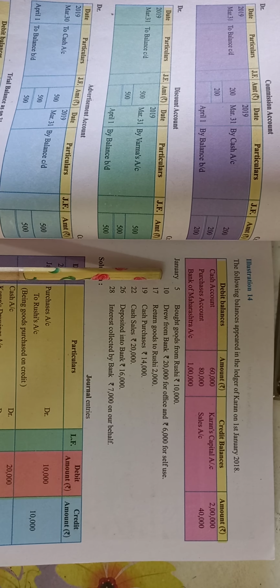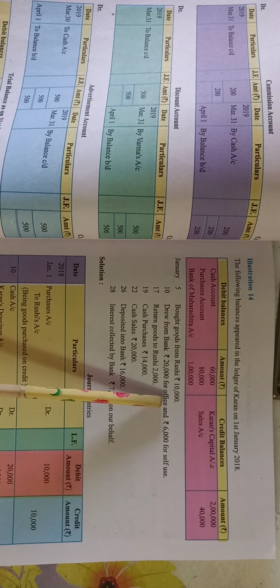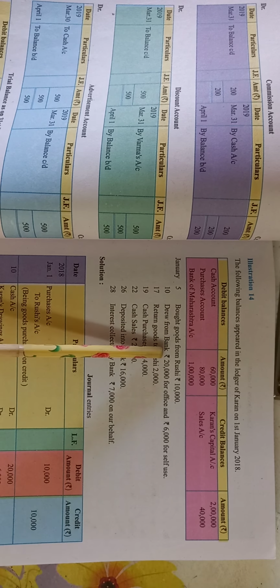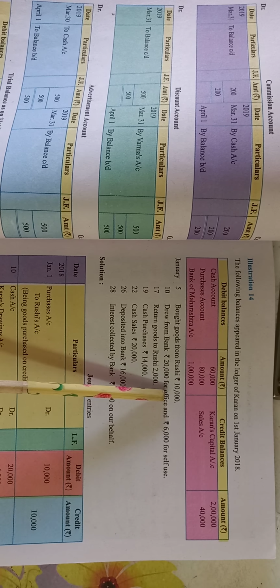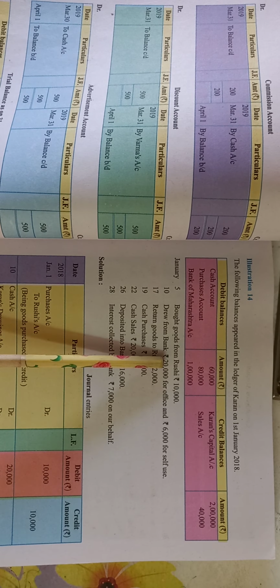So first transaction, January 5th, bought goods from Rishi rupees 10,000. Bought goods, that is purchase goods from Rishi rupees 10,000. This purchase is on credit basis.